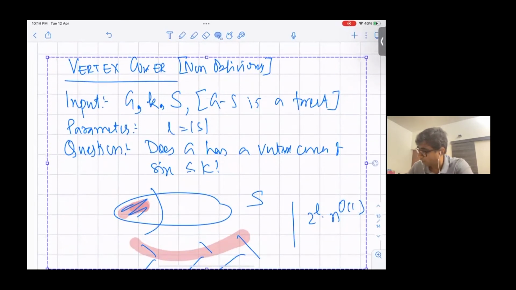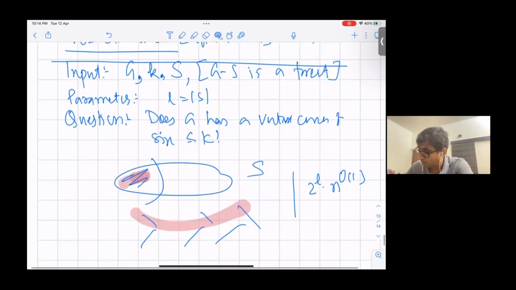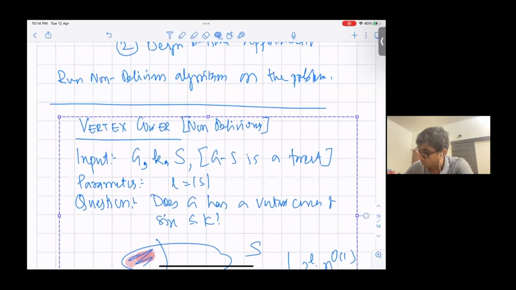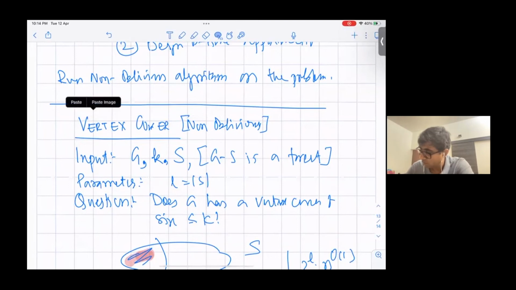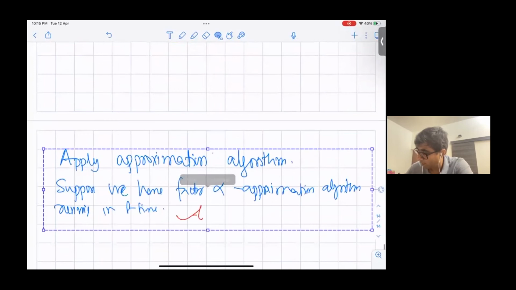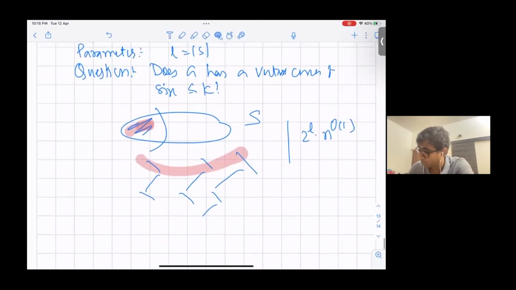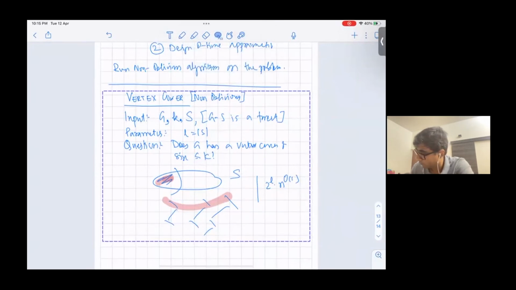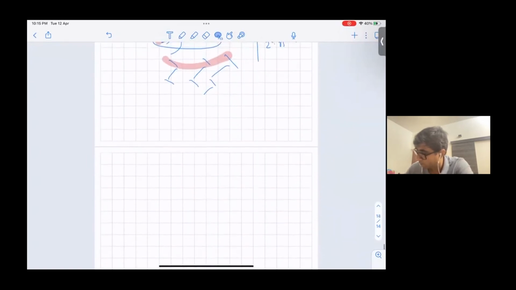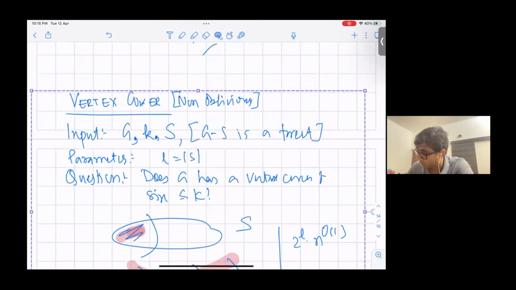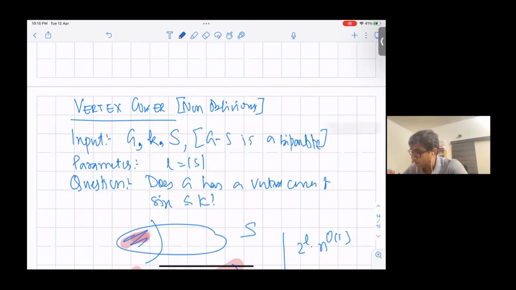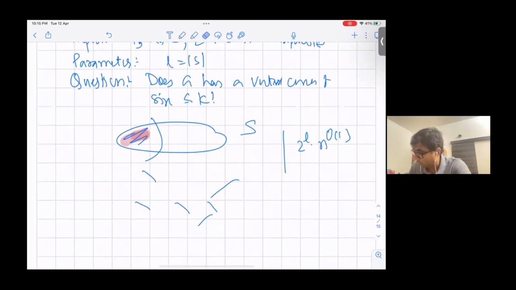Let's do one more non-oblivious question. Now, if I put here that G minus S is bipartite, the graph looks like this.